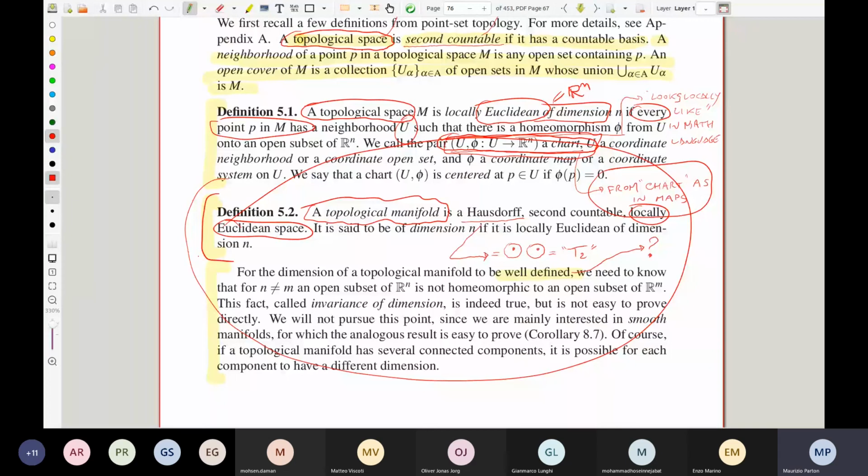I said you can find a basis of the topology of open sets which is countable. You can take balls, not yet countable, because if you take balls with every center, but you can take centers which are rational coordinates.